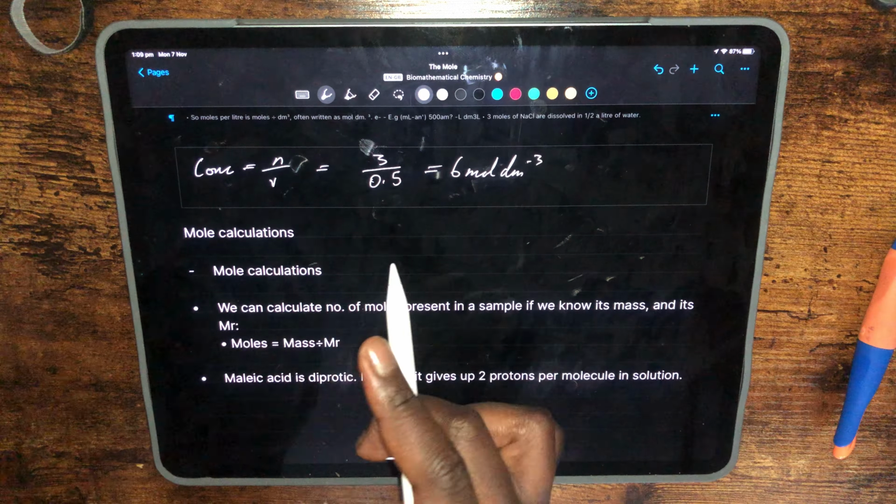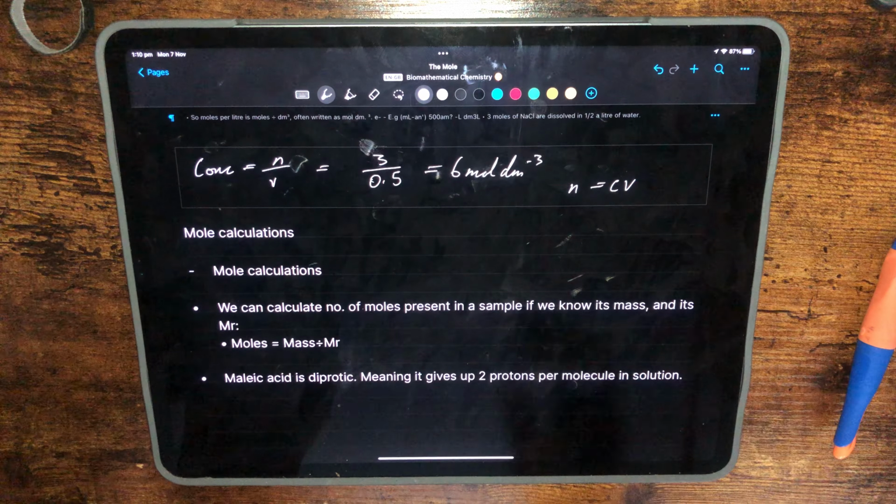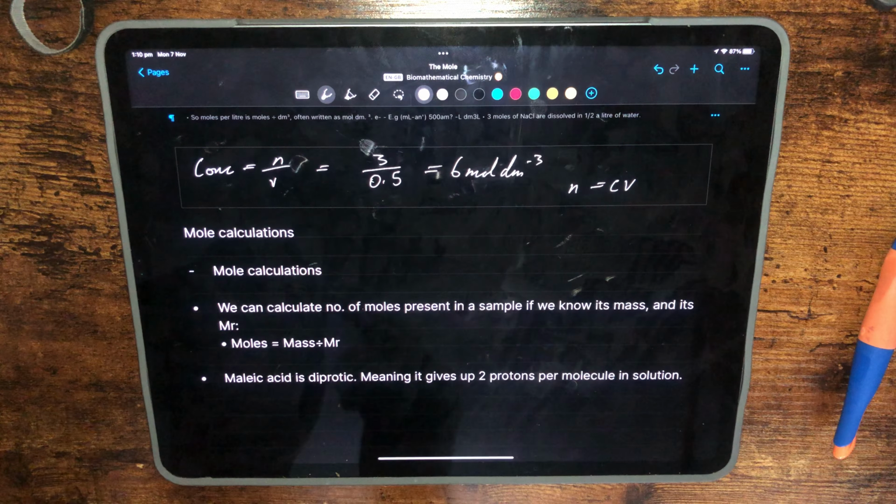If they ask me to work out the mass, moles is equal to the concentration times the volume. And once I get the moles, I can use that to work out the mass.